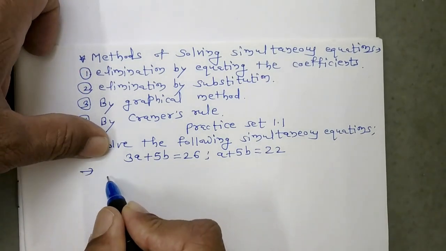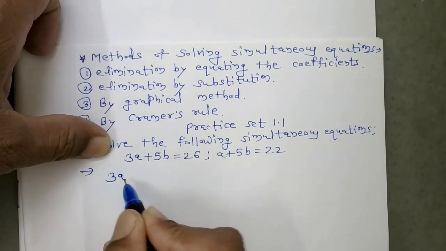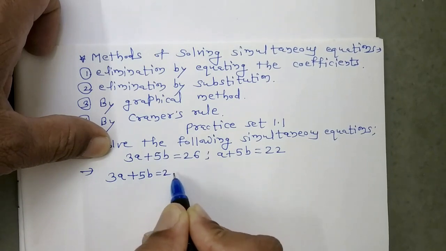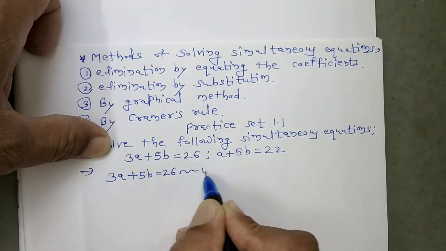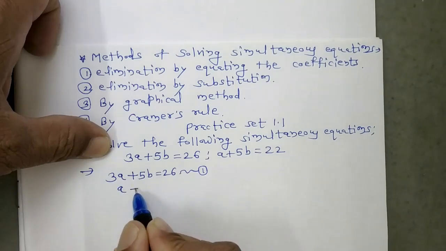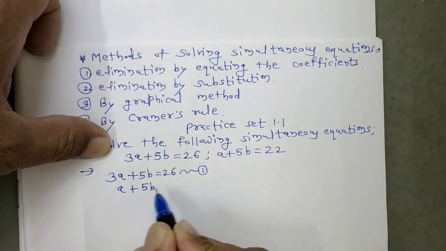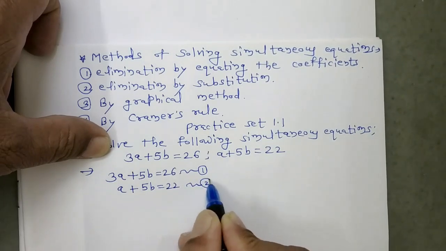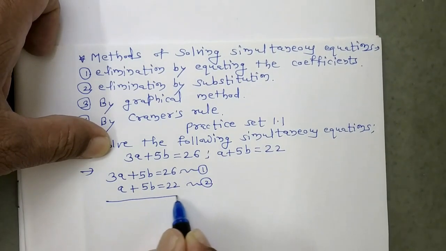First write down given equations as they are. 3a plus 5b is equal to 26, equation number 1. a plus 5b is equal to 22, equation number 2.